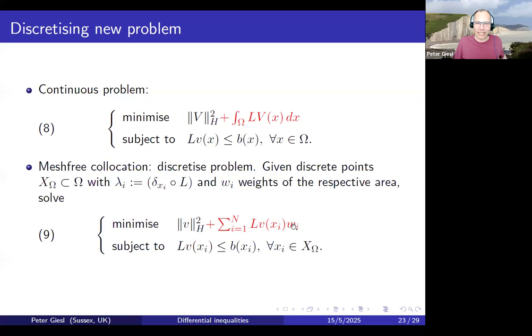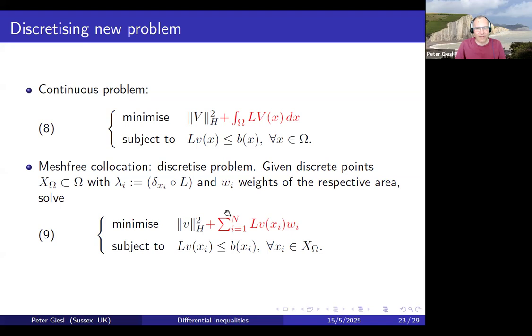So basically, instead of points, you now split your area into small parts with a point in there, and the w_i is the volume of that particular area. So that's basically the discrete problem that we want to solve.